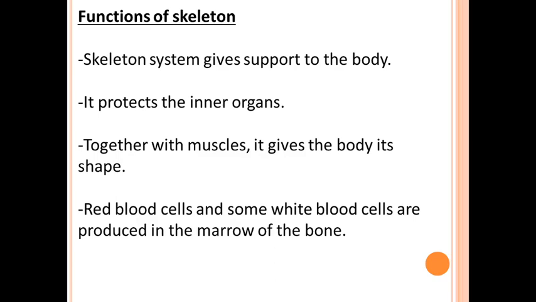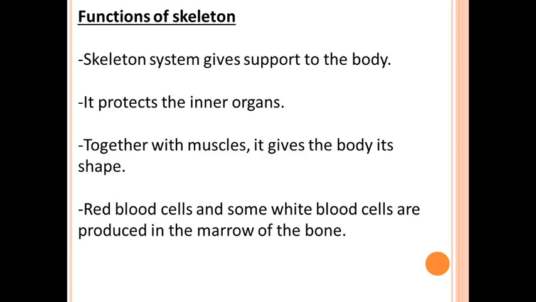And the last one is making blood cells. Already we have discussed that in your blood there are RBCs, WBCs and platelets: red blood cells, white blood cells and platelets.